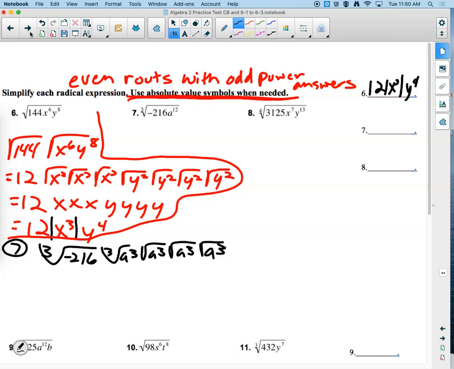I had to have 12 total, because up there it's a to the 12th. Cube root of negative 216, is that something on your power chart? Negative 6. How many a's are we going to have over there? 4 of them. Negative 6, a to the fourth.